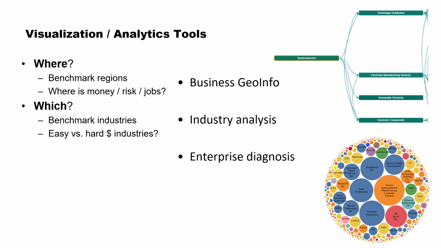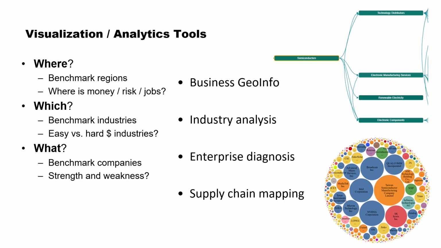Enterprise diagnosis tools can answer the what questions by benchmarking on companies, such as what are the strengths and weaknesses of a company. And finally, supply chain mapping can answer questions on the supply chains to identify potential suppliers and customers.